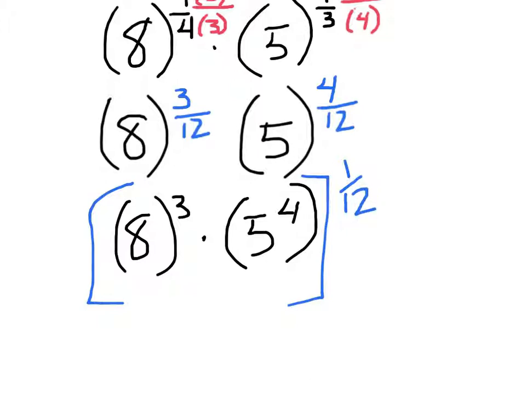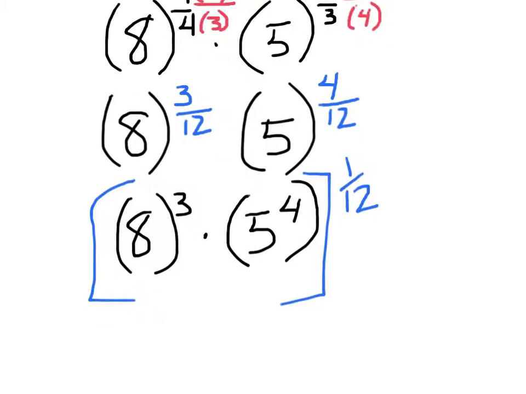See how that works? And how do you always check that? We just multiply it back again, right? We say 3 times the 1/12, that gives us 8 to the 3/12. And we say 4 times the 1/12, that's the 4/12, there's the 5 to the 4/12. Okay?